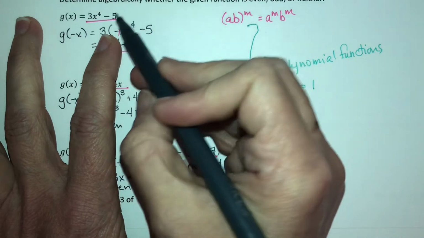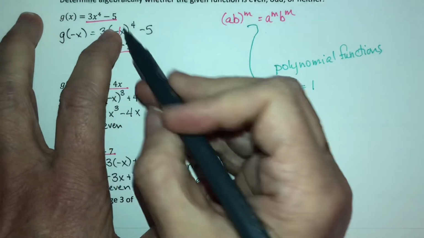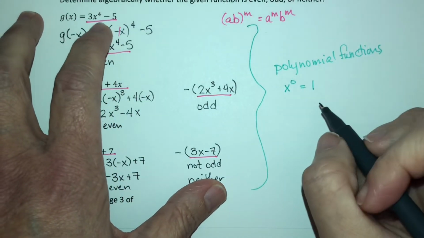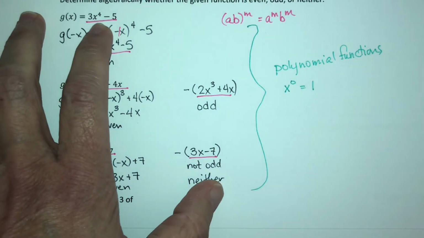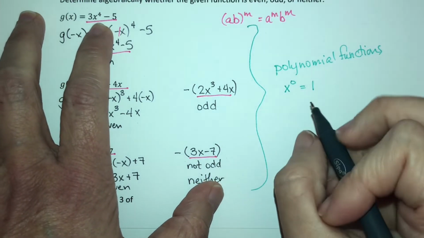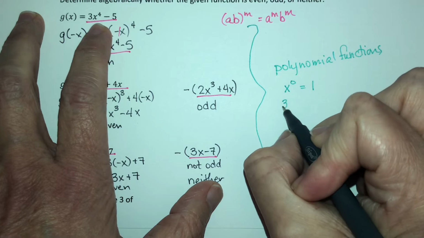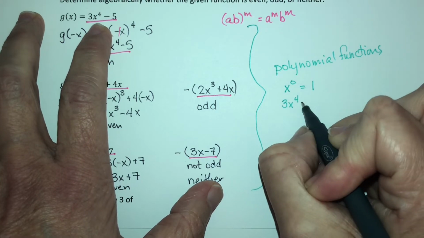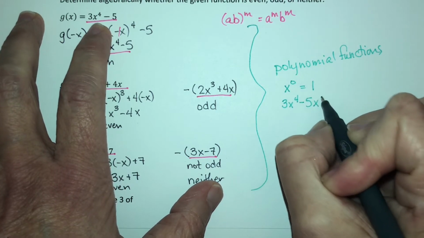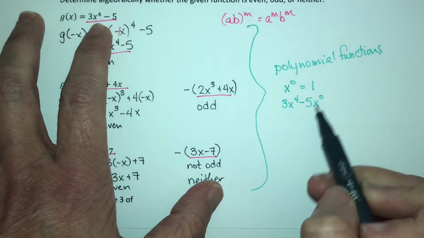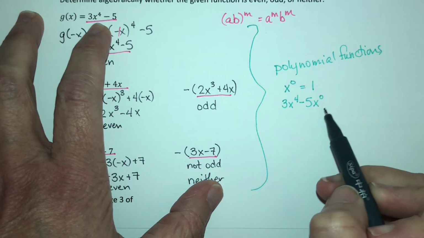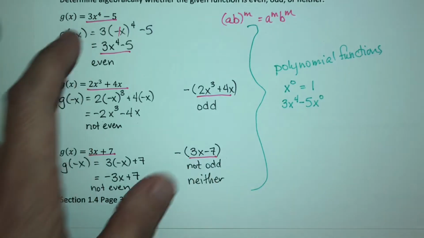So anytime there is a constant, if I wanted to rewrite this so that every single term has an x value in it, I could rewrite this as 3x to the 4th minus 5x to the 0. Because x to the 0 is 1, negative 5 times 1 is still negative 5.